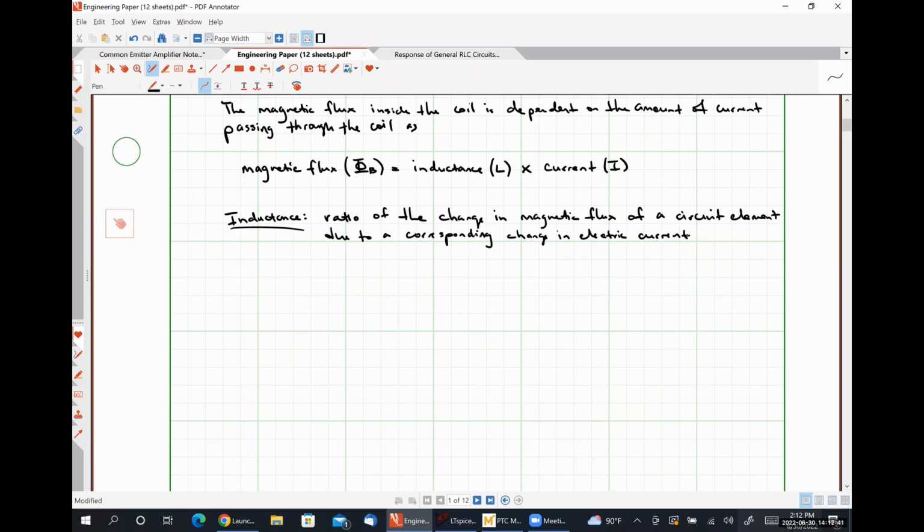Okay, so let's talk about this definition here really quickly. What this means is that the inductance of an electrical component is really a measure of how well it resists changes in electrical current. Okay.